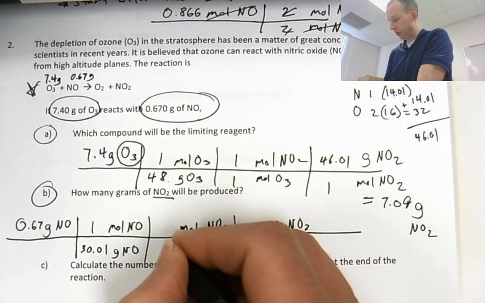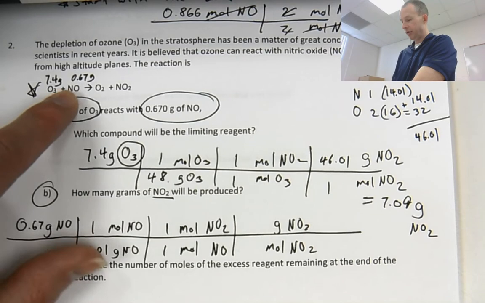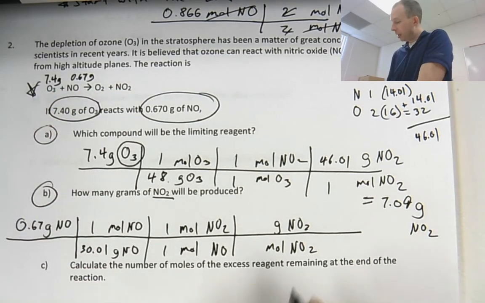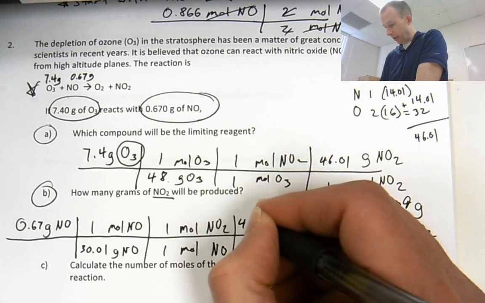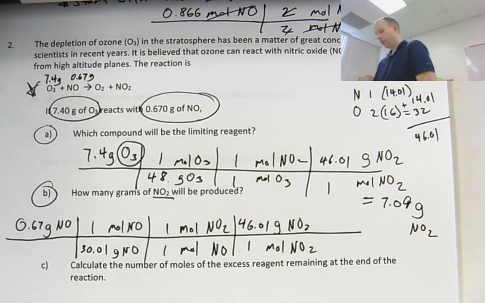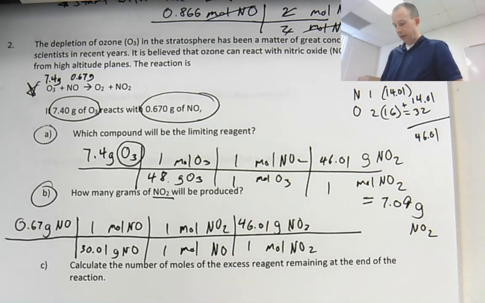Coefficients, again, they're just 1 to 1. Simple. There's nothing in this equation. It's all 1 to 1. And then this is exactly the same as this last step, so we already know it's 46.01. So now you're going to do the math again. It's going to be 0.67 times 46.01 divided by 30.01.